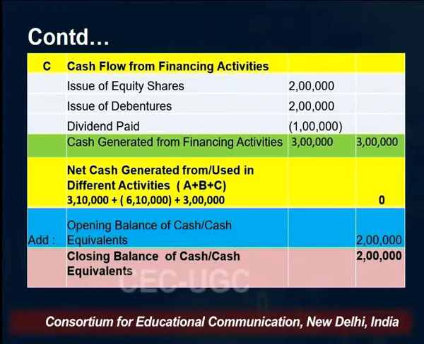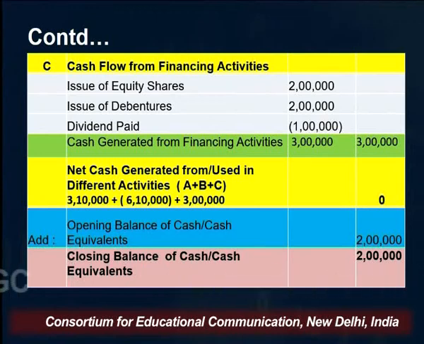Now we are done with all three activities, so we have to now aggregate all three activities to find out net cash generated from or used in different activities. So here we'll write A plus B plus C, and you find that in operating activities cash generation was 3,10,000, in investing activities cash used was 6,10,000, and in financing activities again cash generation was of rupees 3 lakh.